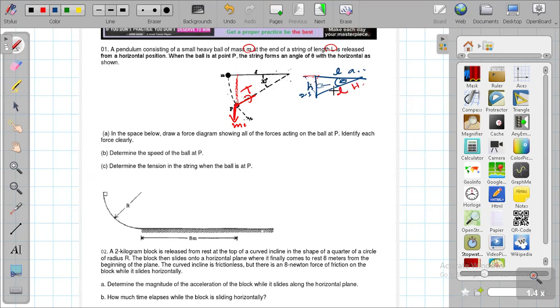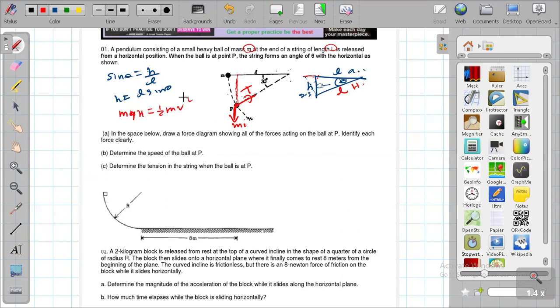So the opposite side over hypotenuse is sine theta. Sine theta equals the height over L. Height equals L sine theta. When we know the height difference, we can find out mgh.